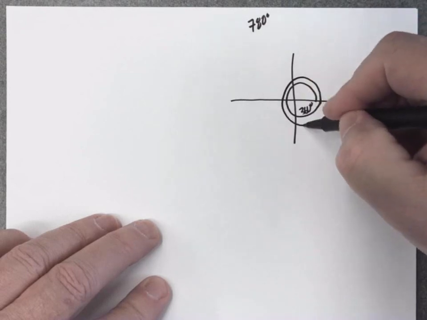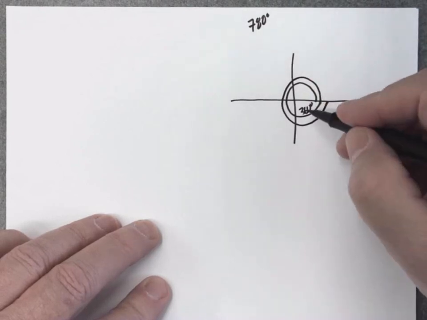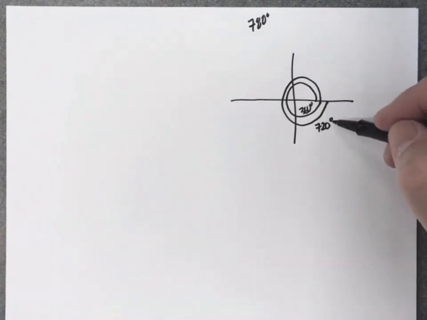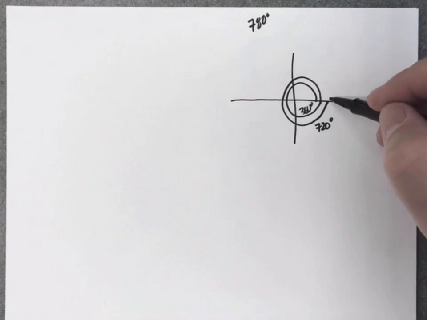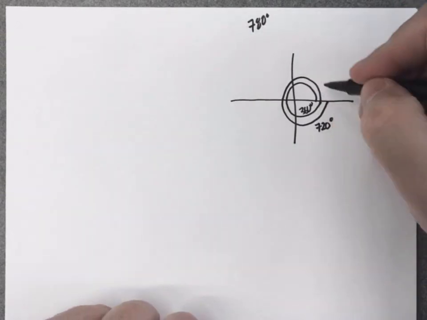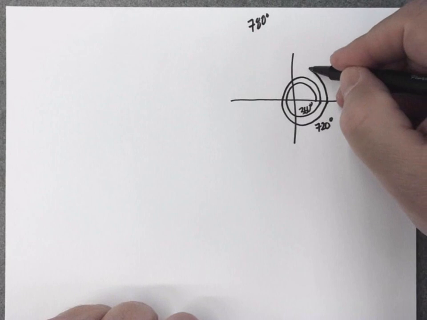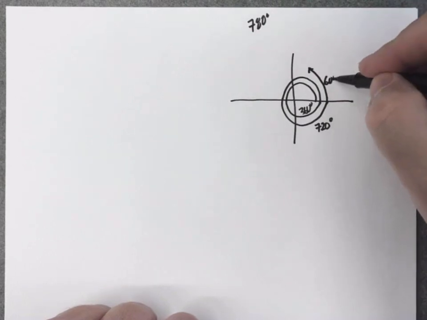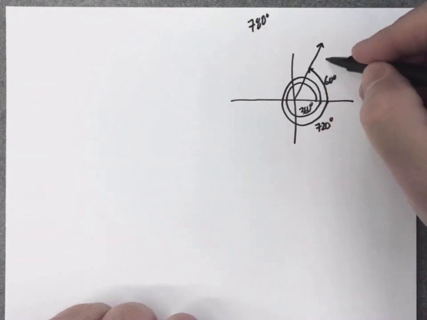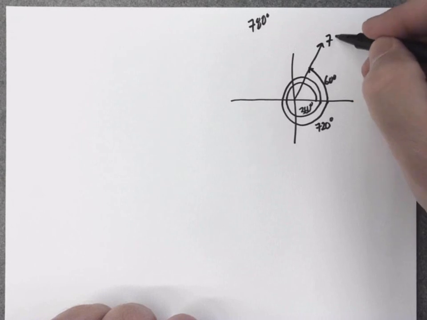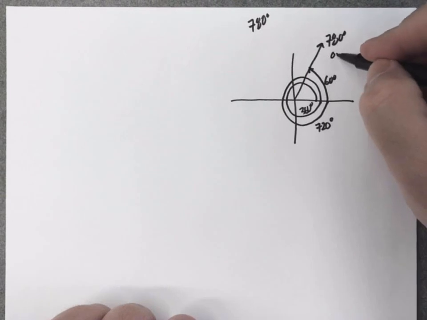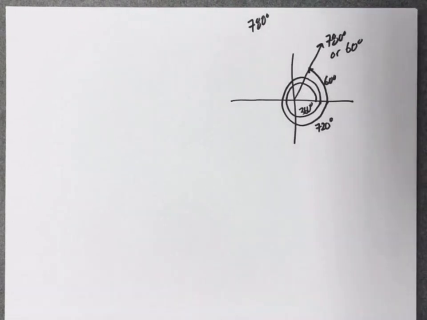If I go around again to this point, I've gone 720 degrees. Now, how much further do I have to go to get to 780 degrees? I need to go 60 degrees, which is about here. So this is 60 degrees. So this angle here is my 780 degree angle, or the coterminal angle is 60 degrees.